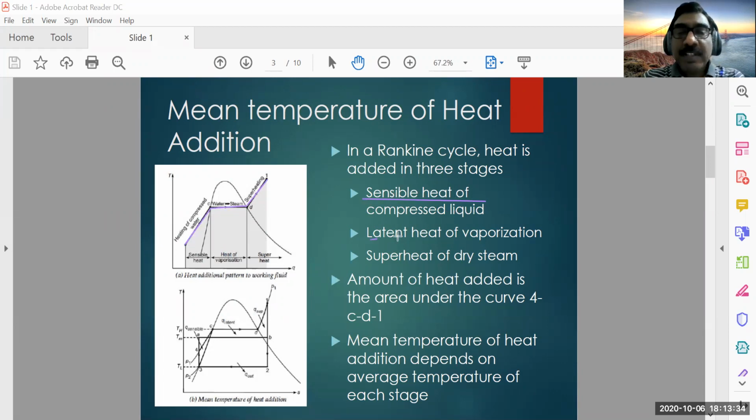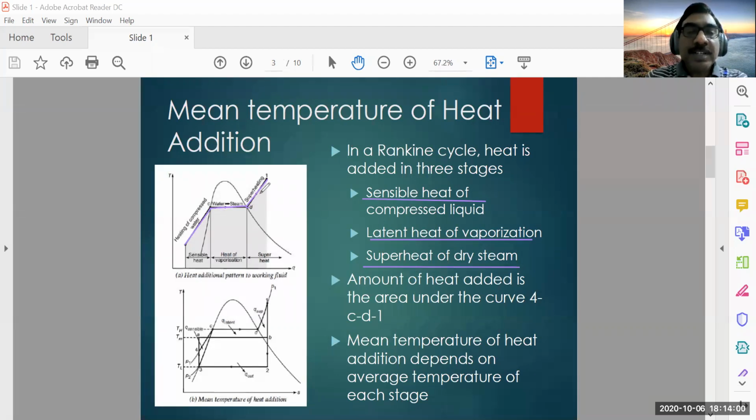And the second one is the latent heat of vaporization. From C to D is the latent heat of vaporization, which will be added at constant temperature and pressure. And the third one is the superheating of the dry steam. By this point, the steam will be dry saturated.